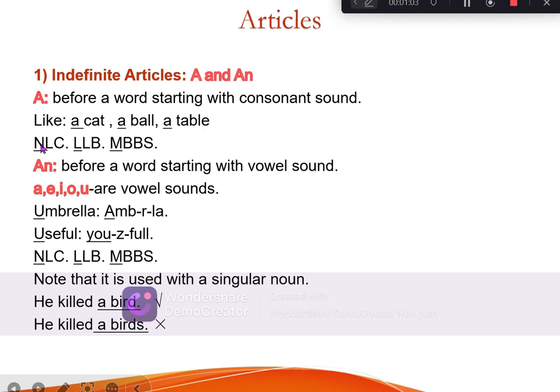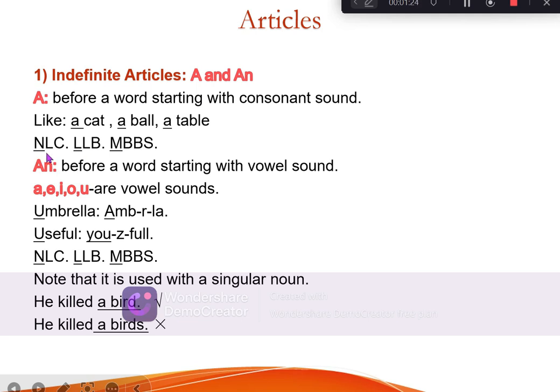But NLC, LLB, MBBS, these three words are exceptional cases. Not only these three words, but there is a huge list of words that, though they begin with a consonant letter, do not give a consonant sound.